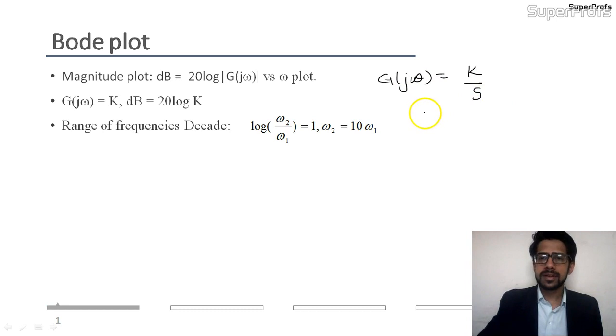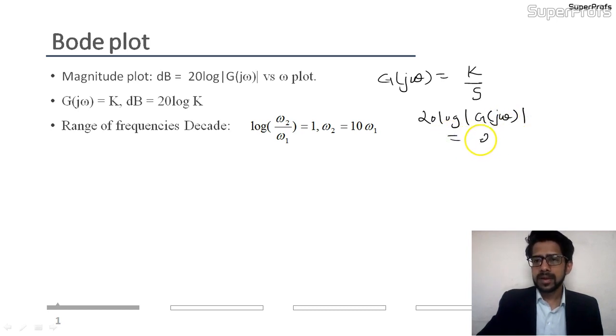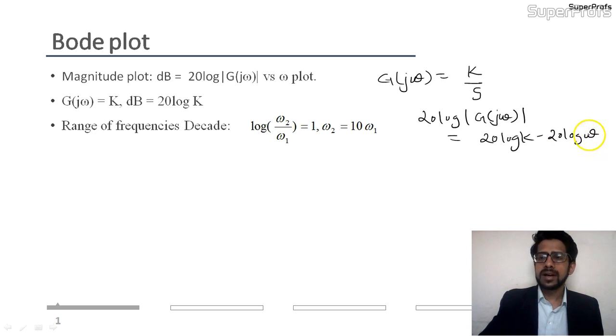That means 20 log G of j omega is nothing but 20 log K minus 20 log omega. So for omega changing from omega 1 to omega 2, which is 10 times, we will have a graph as follows.